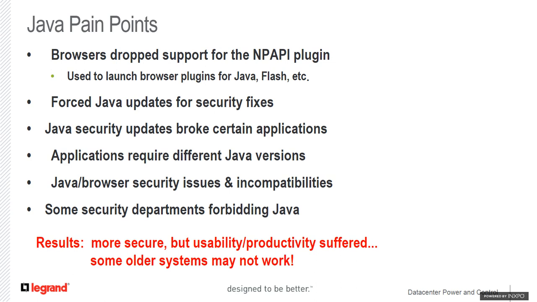And as a result of this, if you're relying on older systems, be it for remote management or other, and they haven't been updated, they may not even work now because some of the Java features may be relied upon from those applications. So it is important that for programs that you're using that use Java, that you update them.